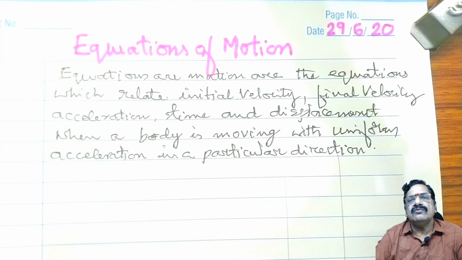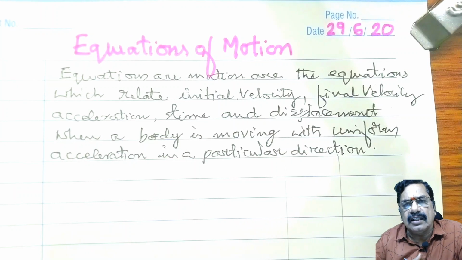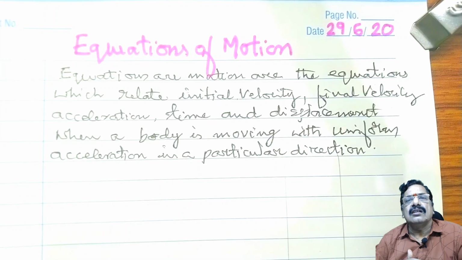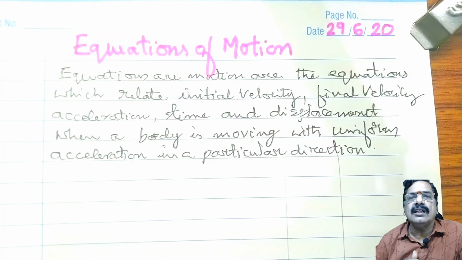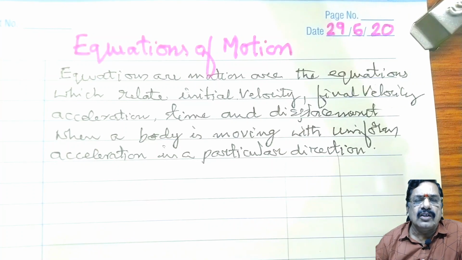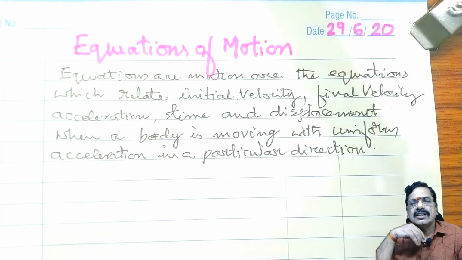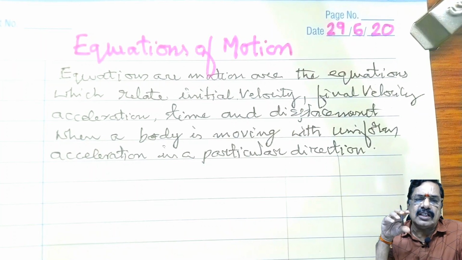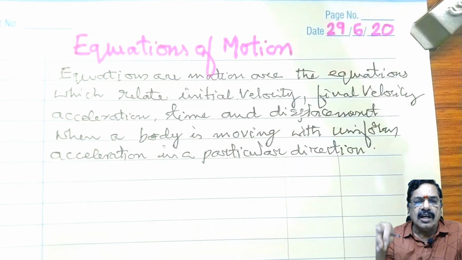The main use of these equations of the motion is that if some quantities are given, we can calculate the unknown quantities, which we are going to see in the numerical problems. Today in this introduction we are going to see only the equations of the motion, how they are related, what they are and what the quantities involved in it are.